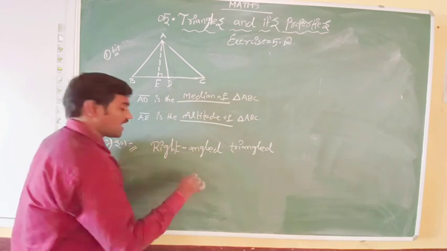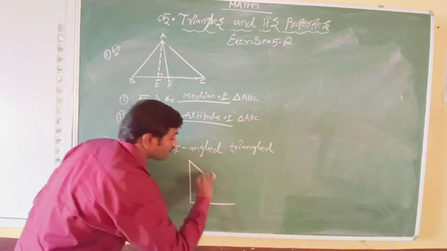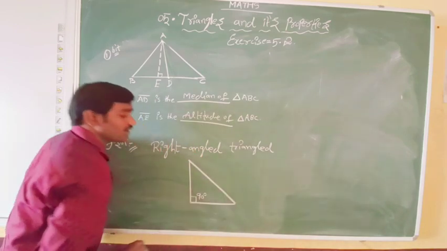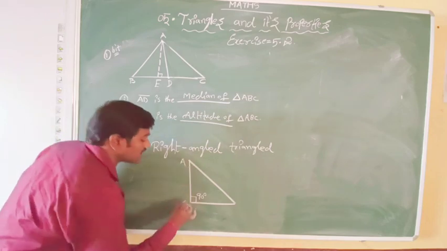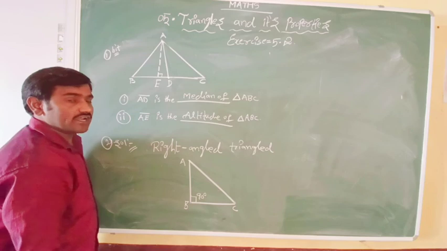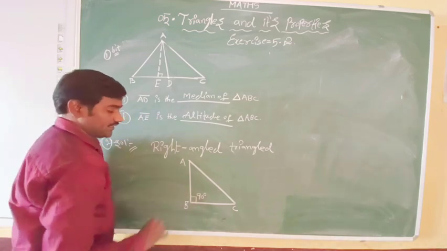In that right angled triangle, if you see the diagram, one of the angles will be 90 degrees. Suppose ABC is a right angled triangle where the right angle is at B, equal to 90 degrees.